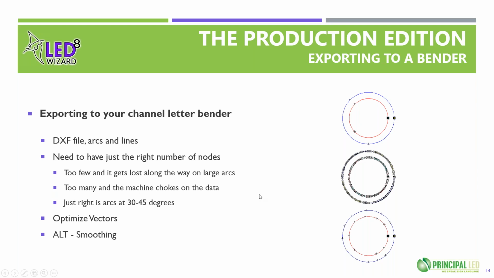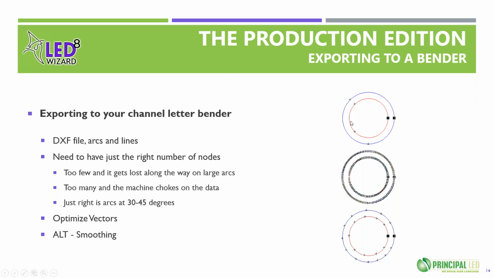So, we've worked with the folks from AccuBend and CLN of South Florida for decades. We go back with them, both of them really, for a lot of years. And what they want is data that looks like the bottom. They have software that helps in this, but it's always better to give them a file that's already clean the way that they're expecting, so that they don't have to do anything else with it.